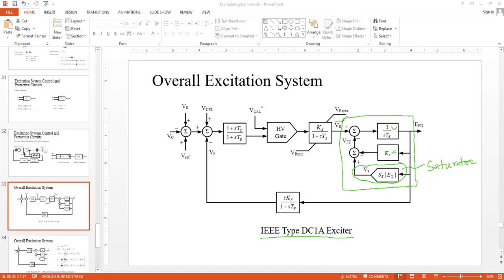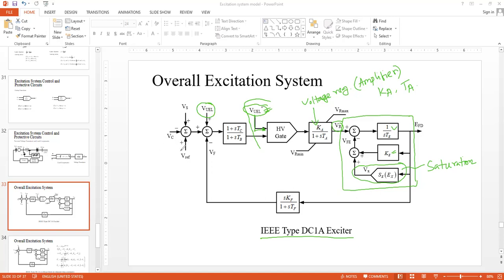And this input VR is the output of the voltage regulator, and this is simply the voltage regulator block. The voltage regulator is modeled as an amplifier with gain KA and time constant TA. And these are the limiting functions, VUEL, the under excitation limiter, and its position could be placed here, or it could be placed at the second summing junction.